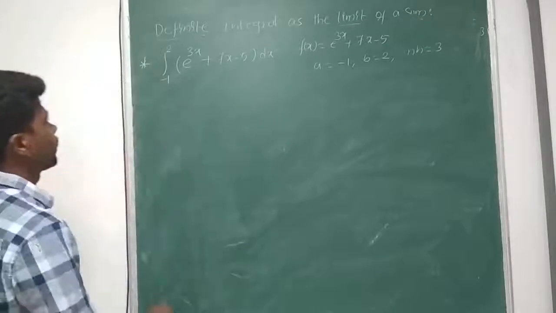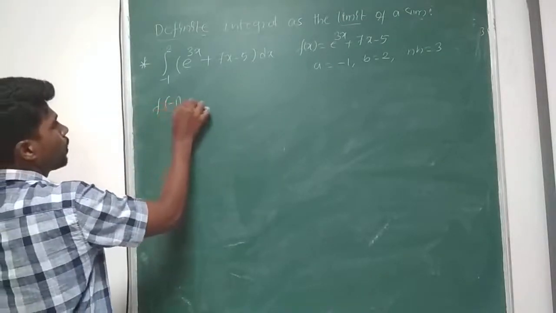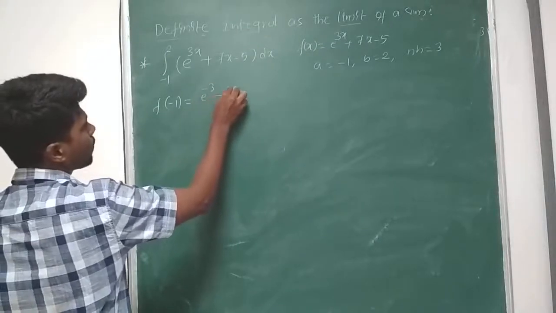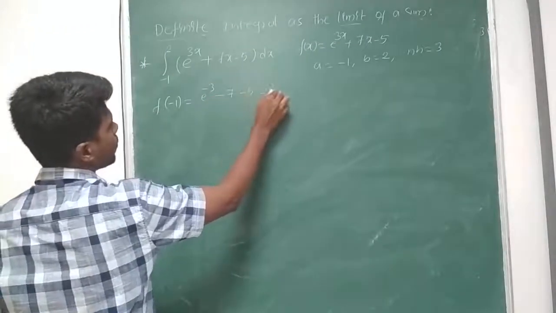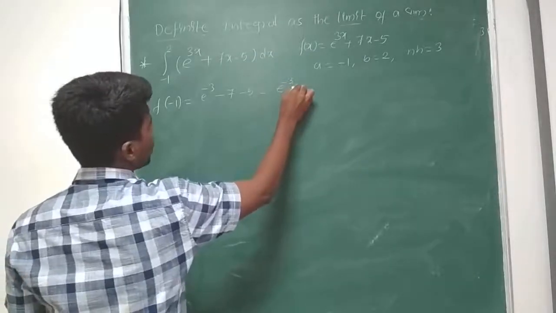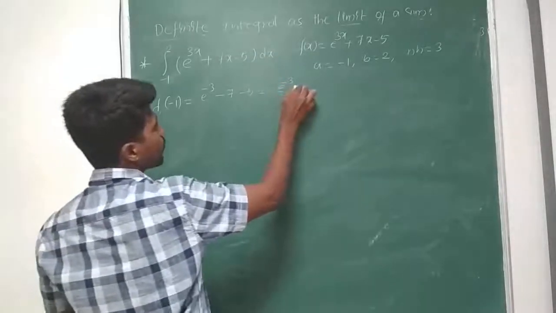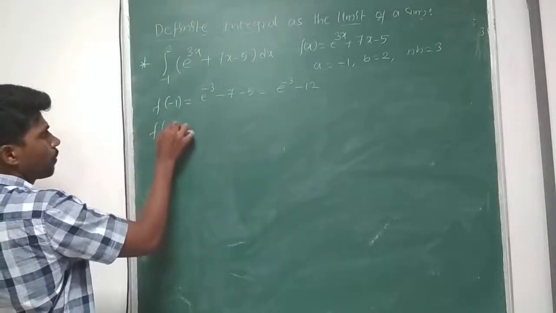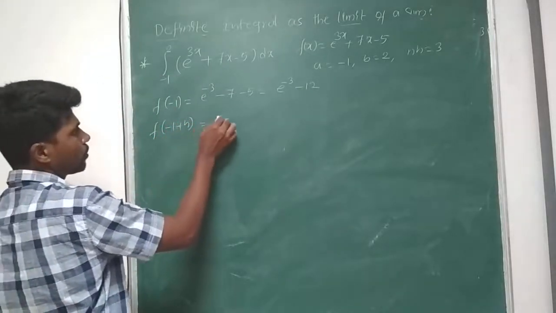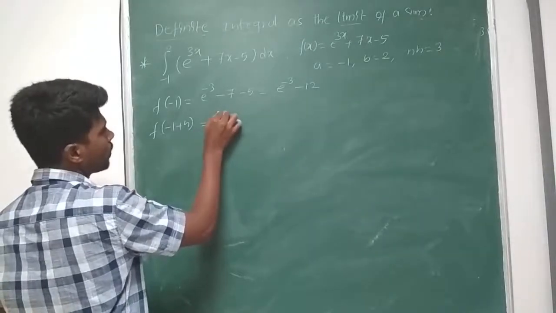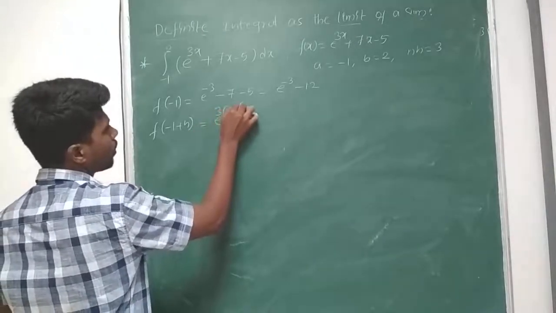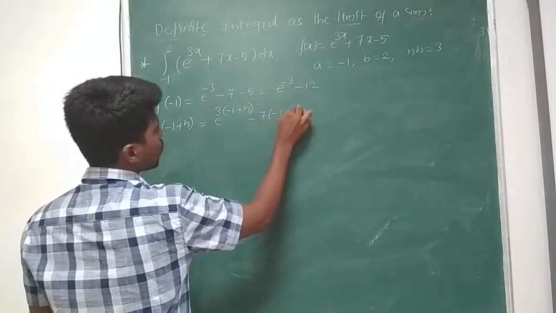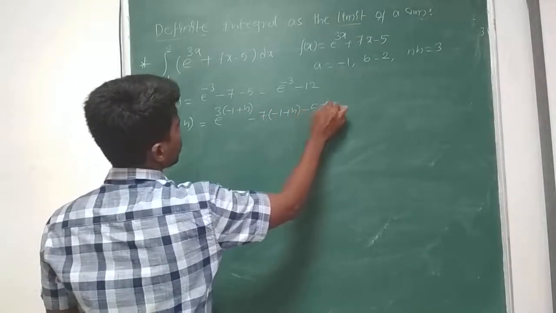Evaluation: f of minus 1 equals e power minus 3 minus 7 minus 5, which is equal to e power minus 3 minus 12. Next, f of minus 1 plus h, which is nothing but e power 3 into (minus 1 plus h), 7 into (minus 1 plus h) minus 5.